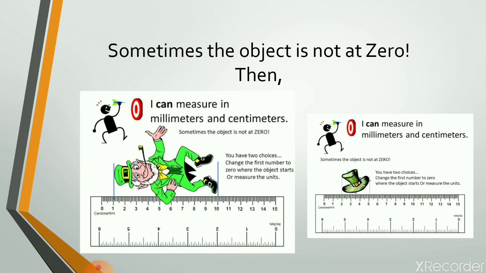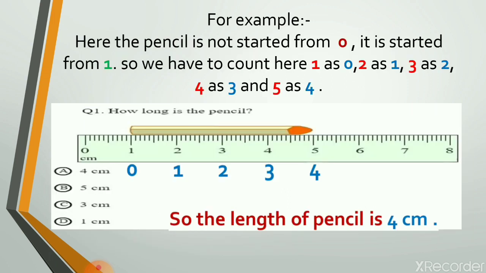When the object is not at 0, then change the first number to 0. See the example. Here the pencil does not start from 0. It starts from 1. So we have to count 1 as 0, 2 as 1, 3 as 2, 4 as 3 and 5 as 4. So the length of the pencil is 4 centimeters.